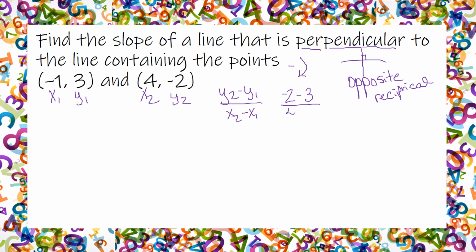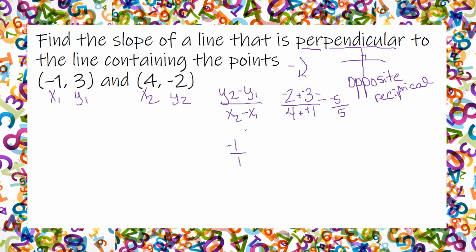My second x is 4, minus my first x, which is negative 1. So I'm going to simplify. Negative 2 minus 3 is negative 5. 4 minus negative 1, which is the same as 4 plus 1, is 5. So I've got negative 5 over 5, which is the same as negative 1 over 1.